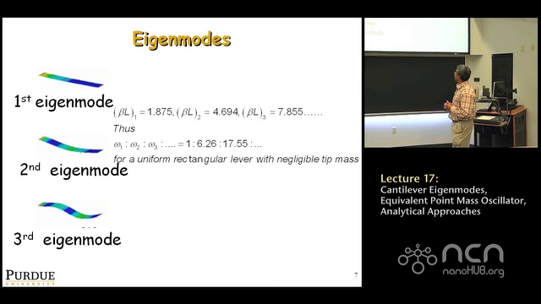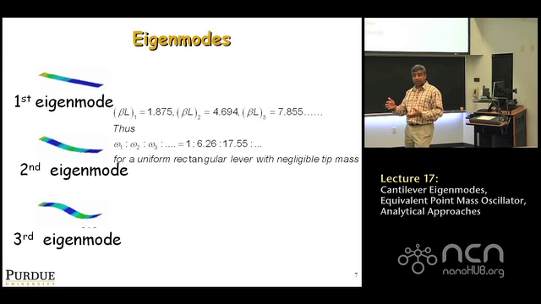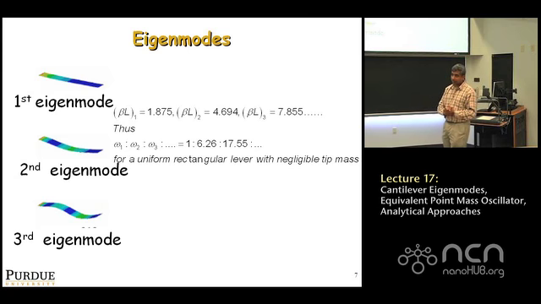And the frequency ratios of the first mode to the second mode to the third mode then are 1 to 6.26 to 17.55, etc. So what this means is when you take a cantilever chip from a manufacturer and it has a fundamental frequency of 100 kilohertz, let's say, you expect the second mode frequency to be 600 something kilohertz, 6 point something. Okay?